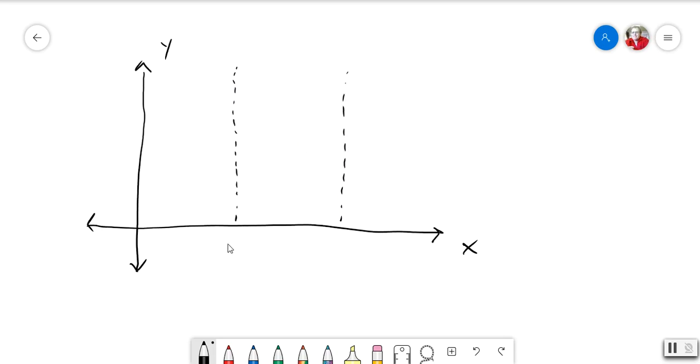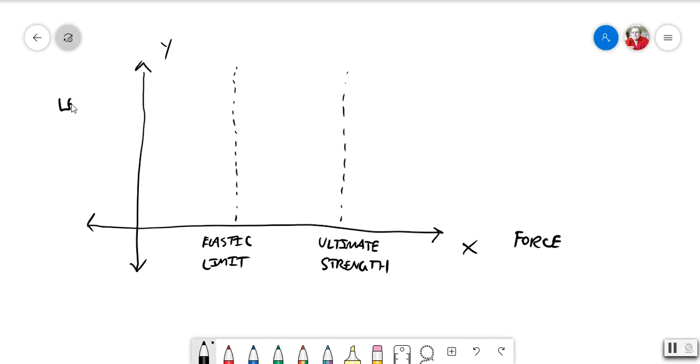And you could say this first vertical line is the elastic limit. And you could say this here is the ultimate strength, where X is the force you use on it and Y is the length.